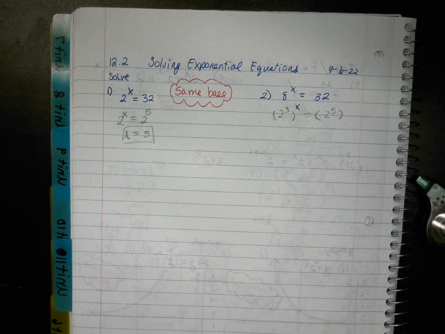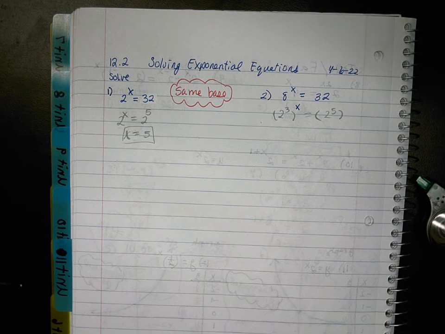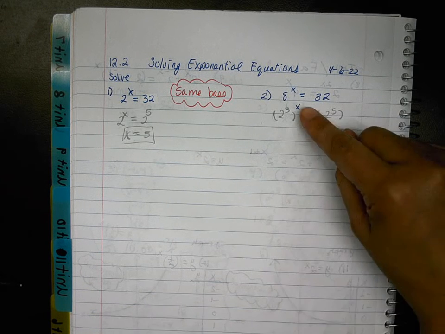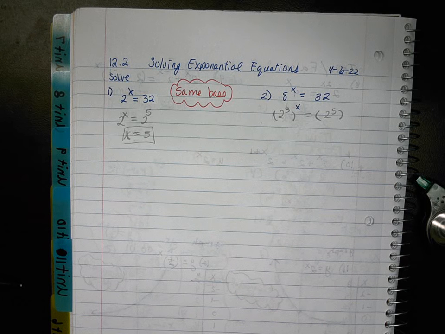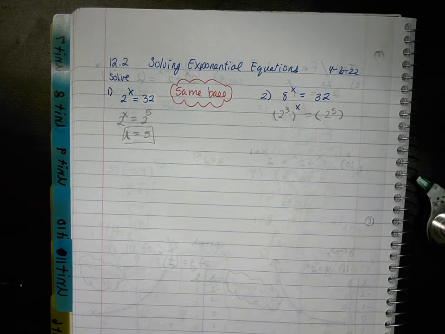Do you guys agree that 2 to the 5th is still 32? Do you agree that 2 to the 3rd is still 8? And it's still raised to the power of x. So I haven't changed anything.